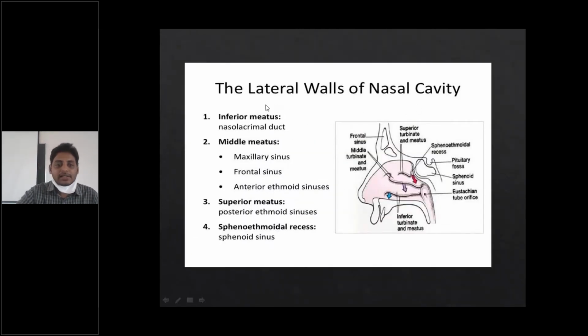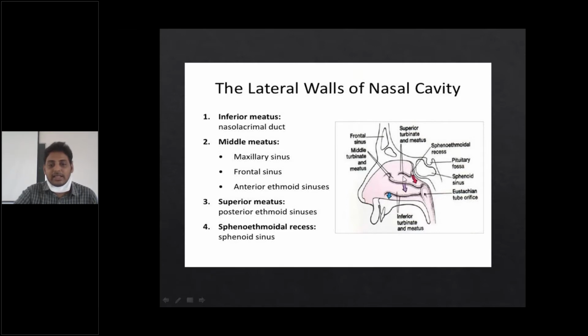This is the lateral wall of the nasal cavity. I conclude with this. Usually, you will be having 3 conchal bones: superior concha, middle concha, and inferior concha. The spaces below those concha are known as meatuses. In the inferior meatus, you will be having the nasolacrimal duct opening.